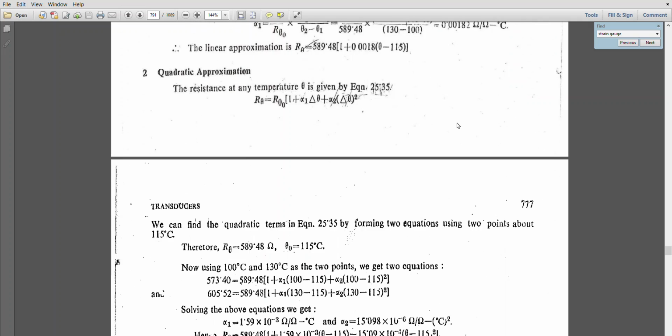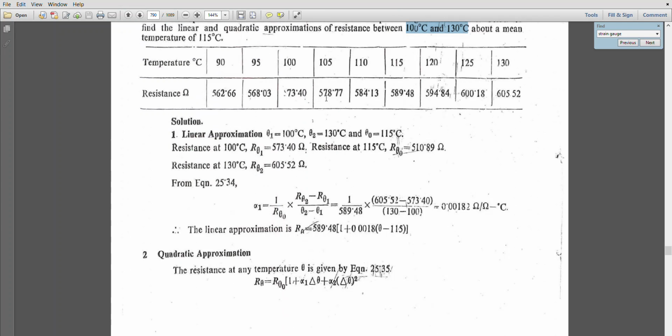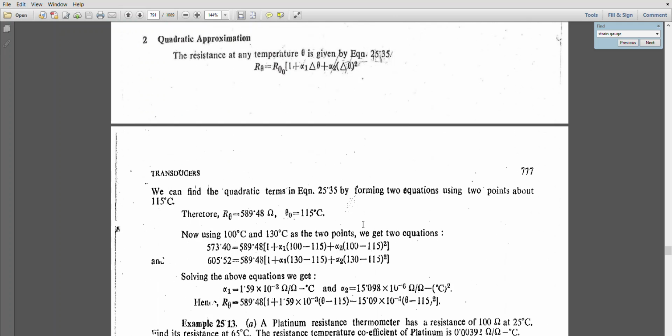Similarly, you can do the same operation for the quadratic equation, 100 to 115. Here the delta T2, you need to do it for the quadratic equation and get the values similarly.